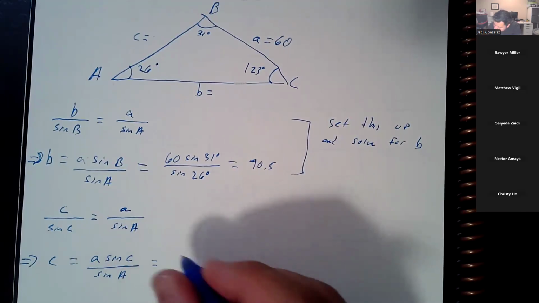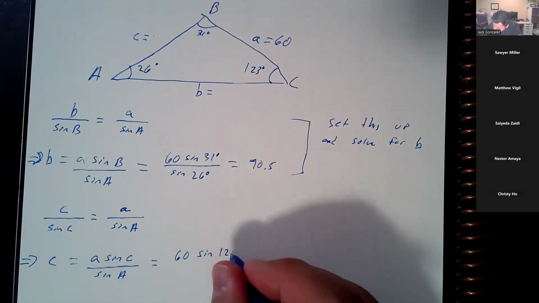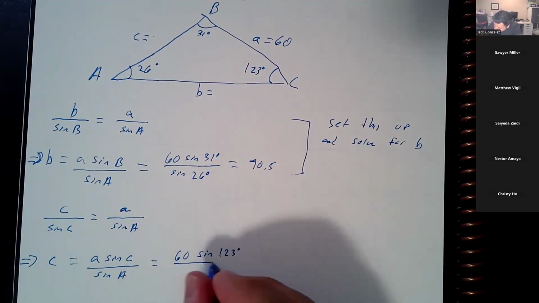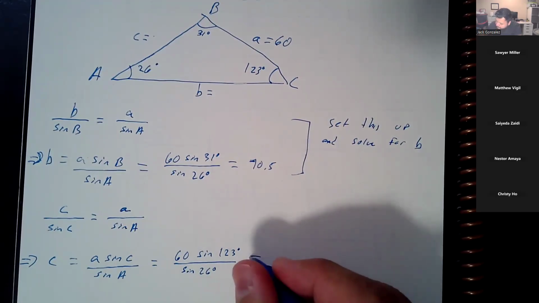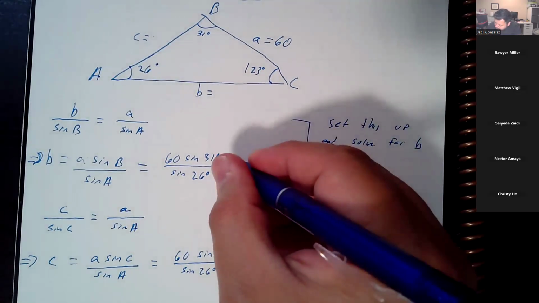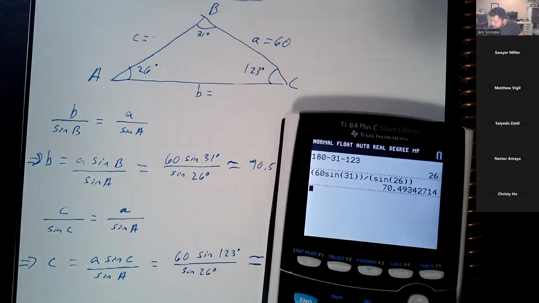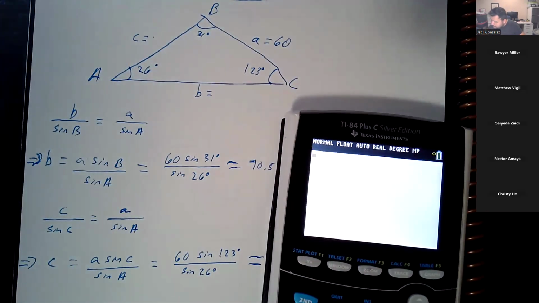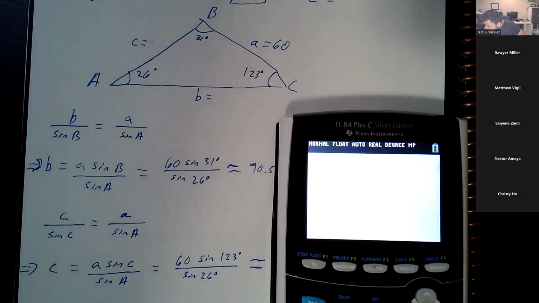Plug in your numbers. 60 sine 123 over sine 26. Now we have, let's see here.